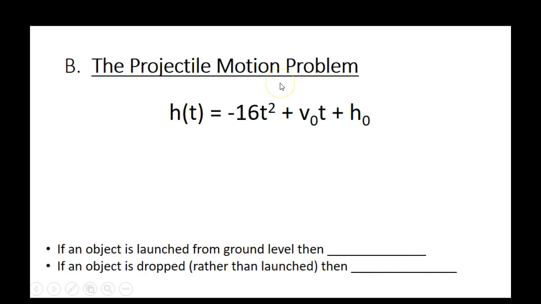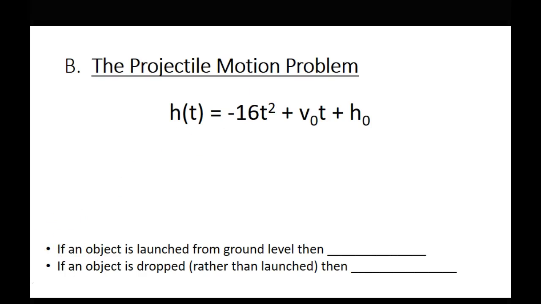All right. I don't think I wrote this slide out for you, so you guys might want to copy this down somewhere. Give you a minute. So this is quadratic. Notice that the input variable here is time. So we use t for time.